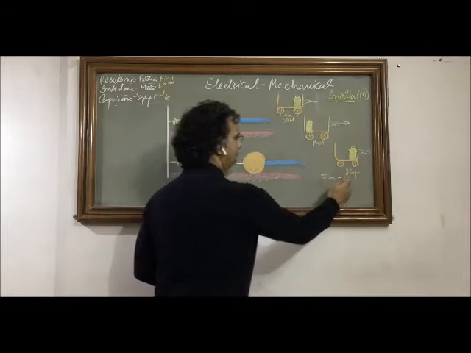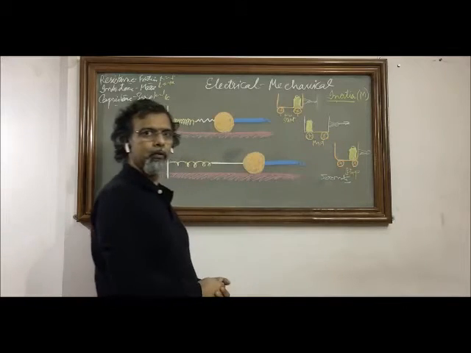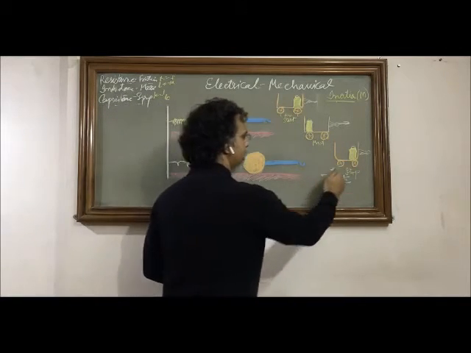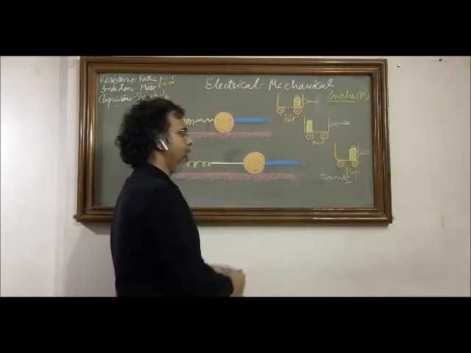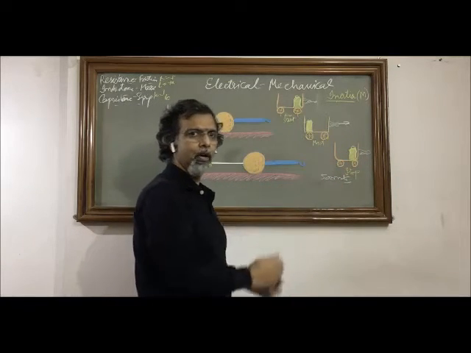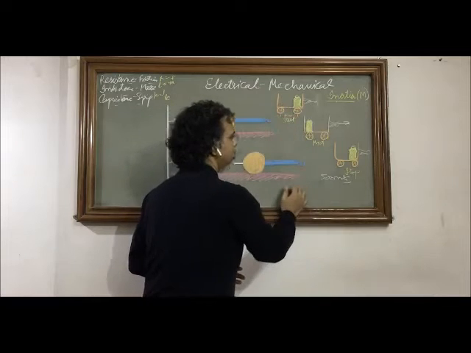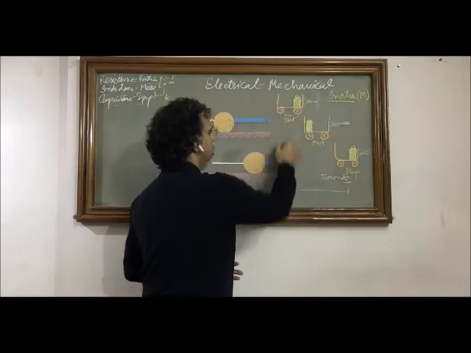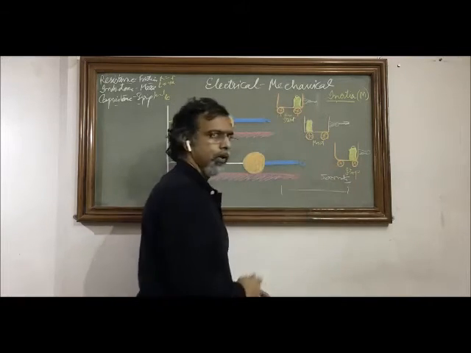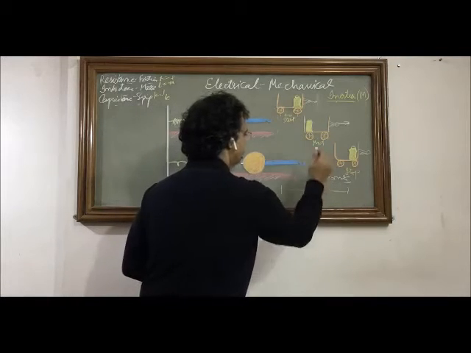Let's say at the end the cart stops and comes to rest at 500 meters. So it has traveled a distance of 500 meters from this place to this place. Initially the cart was here, now the cart is here, so this distance is 500 meters.